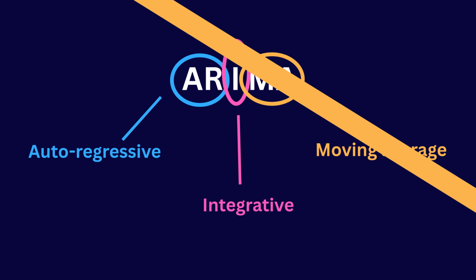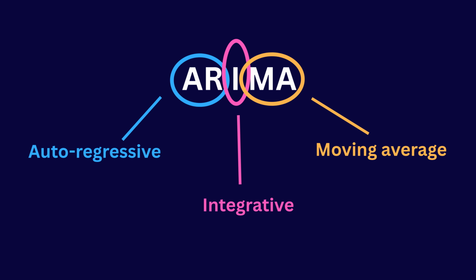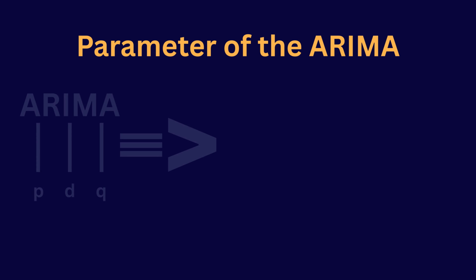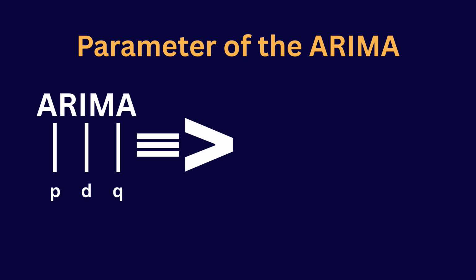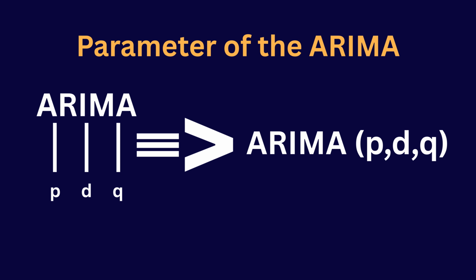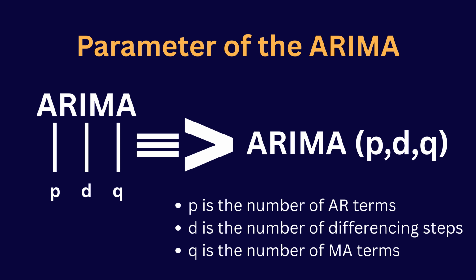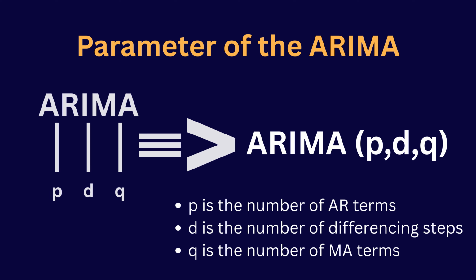MA, or moving average, means the current value depends on past error terms. Together, ARIMA is written as ARIMA(p,d,q). P is the number of AR terms, D is the number of differencing steps, Q is the number of MA terms. So in this session, we are focused on how to write the backshift operator for different types of ARIMA models.